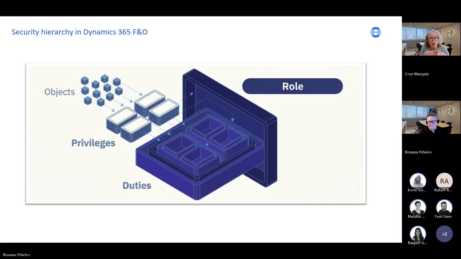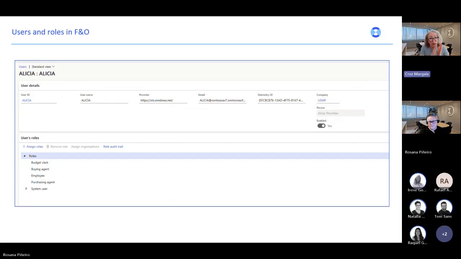Then what we do is we check these roles and assign them to users. That means that security is not directly assigned to users, but through roles. So security is configured at role level, and then a user can have one or multiple roles.